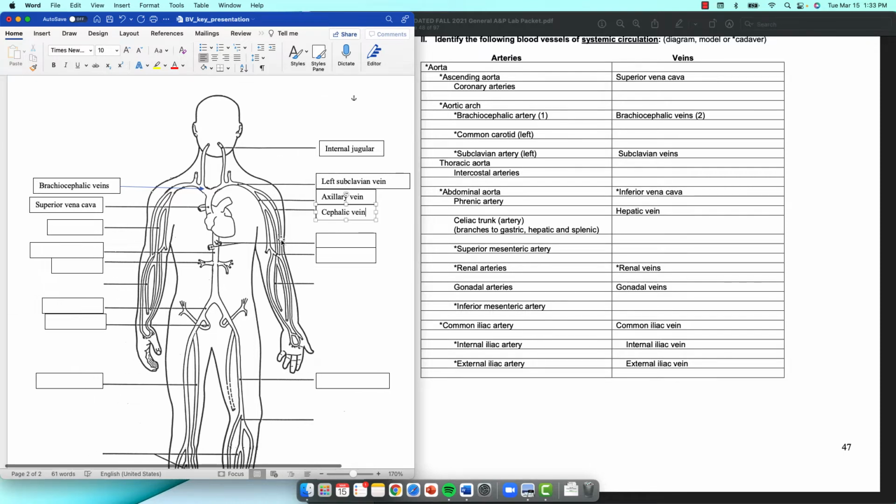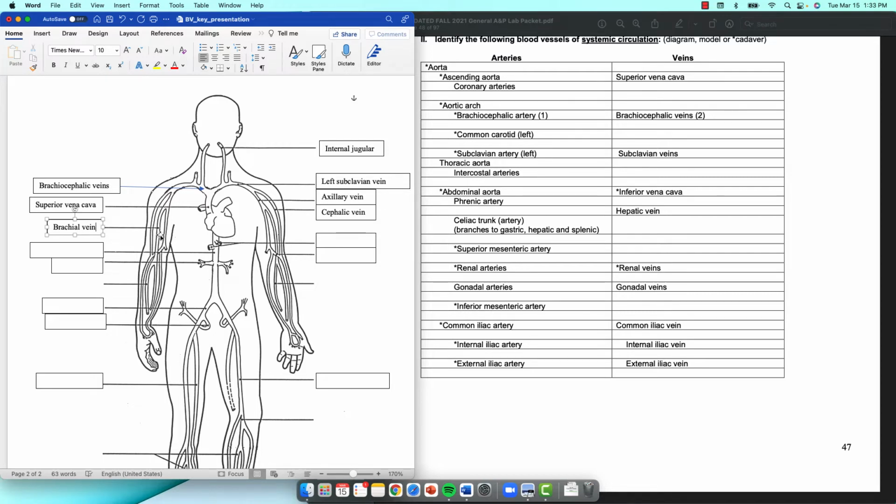And then branching a little bit further, we're going to have our brachial vein. The brachial is coming off of that axillary. So our axillary branches, and we have our brachial vein supplying the biceps brachii area.